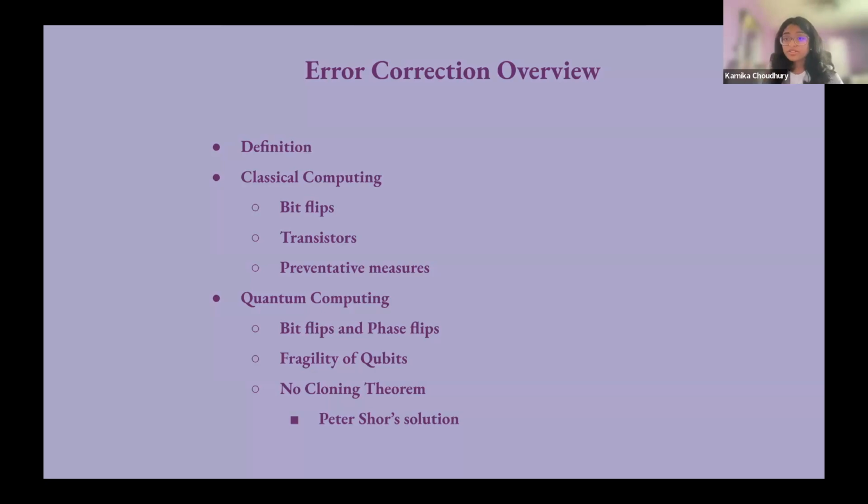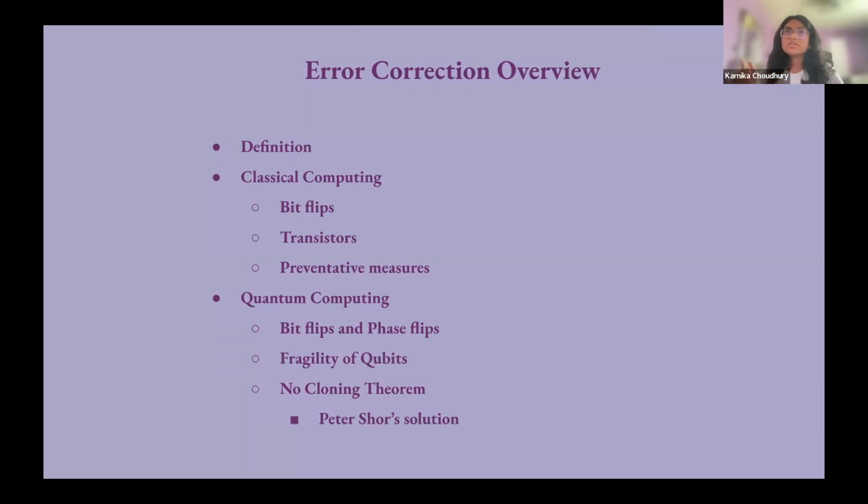The fragility of qubits also directly ties into the concept of the no cloning theorem. The no cloning theorem states that we cannot perfectly copy the state of a qubit or make arbitrary measurements because of potential wavefunction collapse. What we can do in classical computing, and the way we do repetition codes there, is let's say the original message is just a 0. We can make that 0 into 0, 0, 0, and that's called the encoding process.